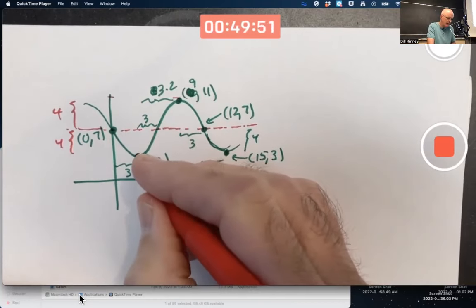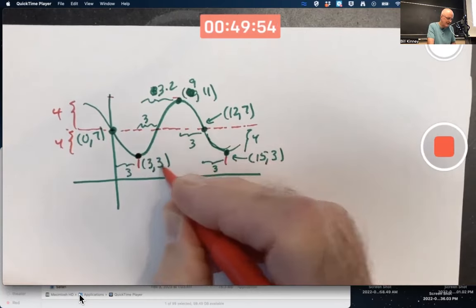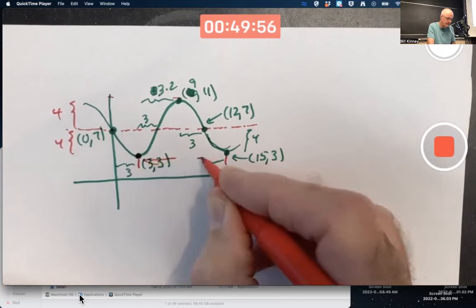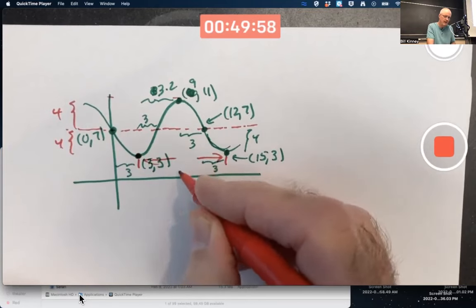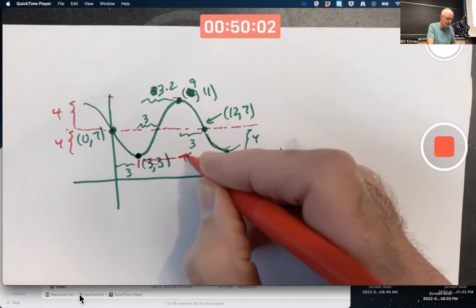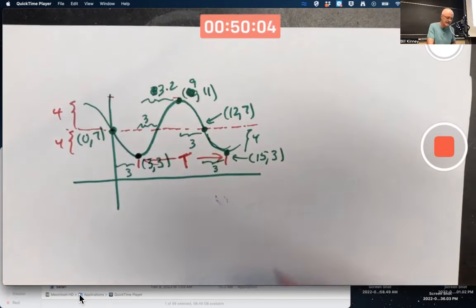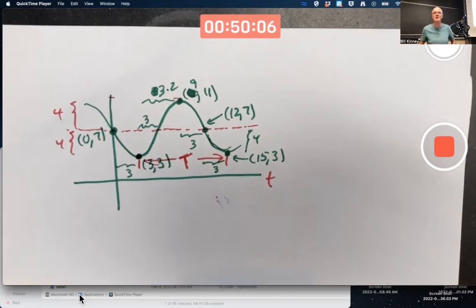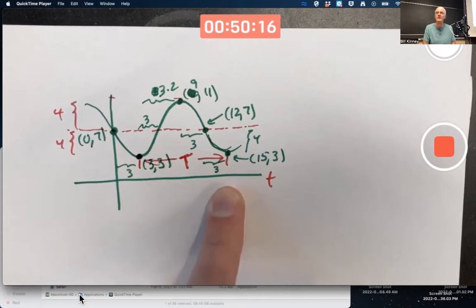The wavelength or period is the horizontal distance between these points. Most typically in this class, we're going to call it a period and label it with a capital T, because in most of our applications, the horizontal axis is time. But you should realize in physics classes, if you have a graph like this where the horizontal axis is a distance, then you'd more likely call that a wavelength.